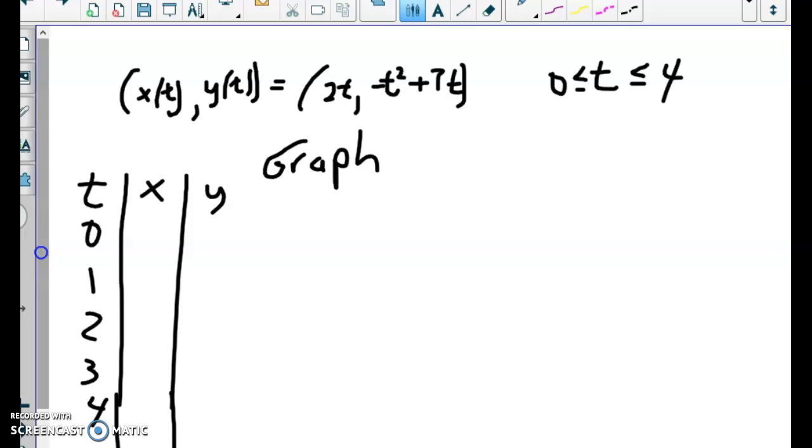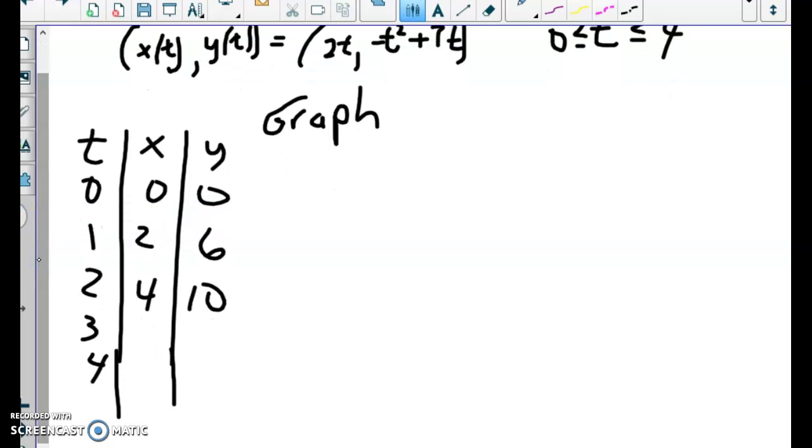So when I plug in t equals 0 into that equation, my x is 0 and my y is 0. When I plug in 1 for t, my x is 2. I get negative 1 plus 7, which is 6. If I put in 2, I get 4, I get negative 4, and 14 gives me 10.